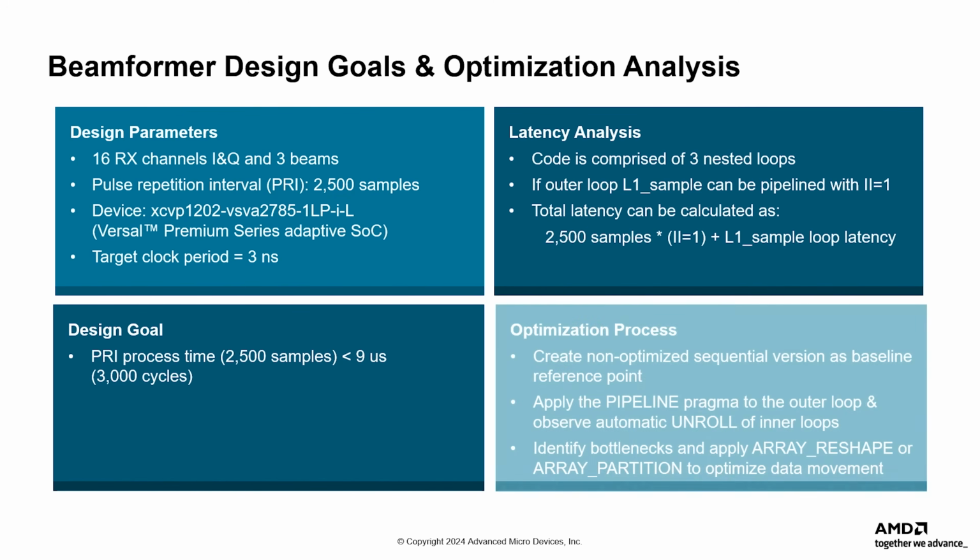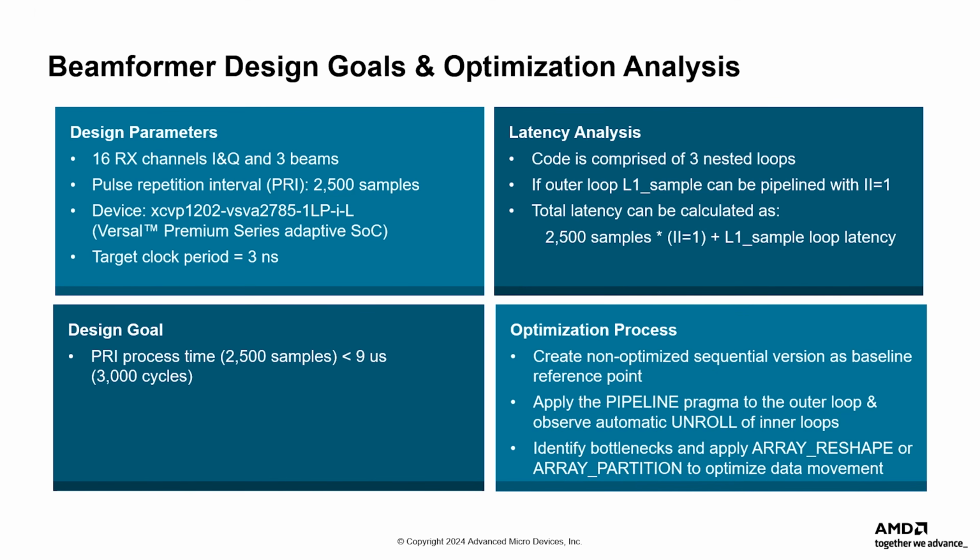The optimization process involves creating a non-optimized sequential version as a baseline reference point, applying the pipeline pragma to the outer loop and observing the automatic unrolling of the inner loops, using the Vitis HLS analysis views to identify bottlenecks, and applying array reshape or array partition pragmas to further optimize data movement.